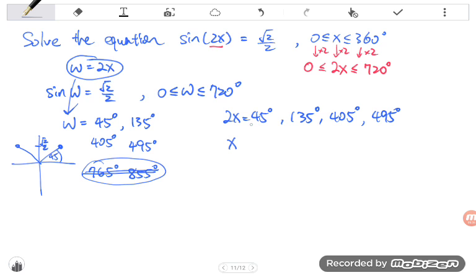So my x, I'm going to divide everything by 2. My x will be 22.5. This will be 62.5. That would be, what's this going to be?